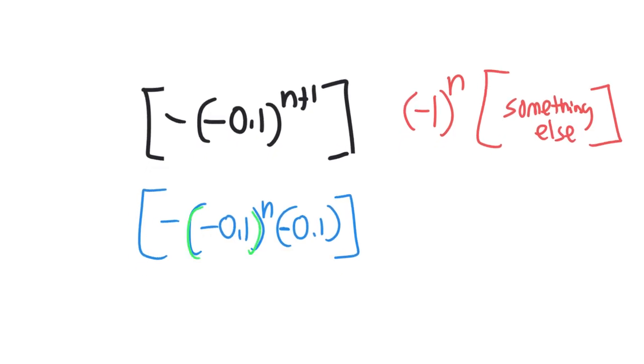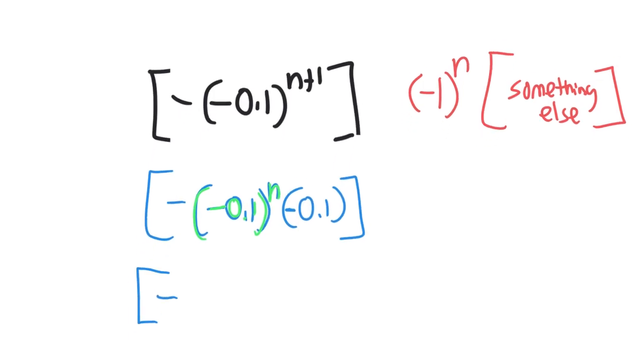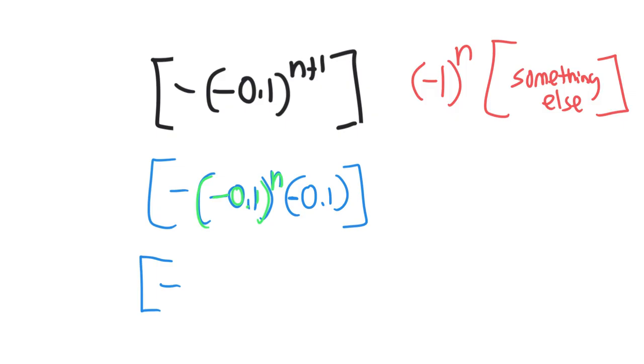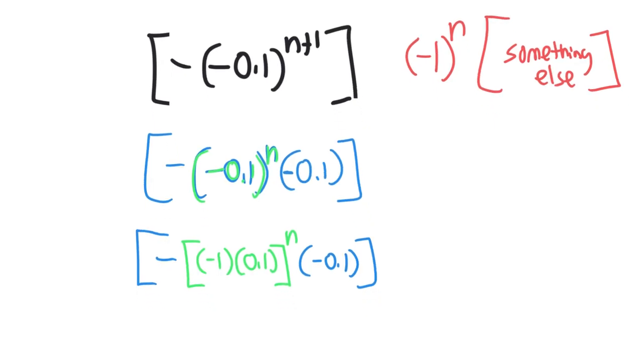This green part, I don't know if I'm doing this in a stupid way, but that green part could certainly be understood to be a negative 1 times a positive 0.1 in there, raised to the n. We have still this, which we could simplify, and the reason I'm doing this is because this would be a way of just sort of cementing that negative 1 to the n, which is kind of what I want.